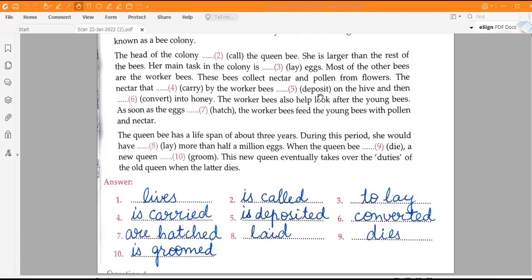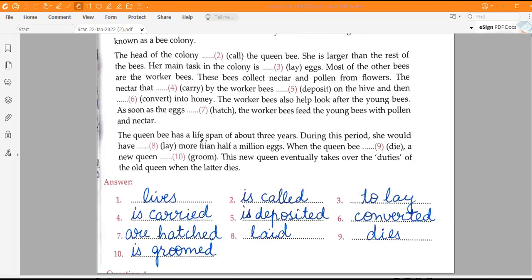The answer to the sixth blank is converted into honey. The worker bees also help look after the young bees. As soon as the eggs are hatched, sorry, the answer to the seventh blank is are hatched. As soon as the eggs are hatched, the worker bees feed the young bees with pollen and nectar.